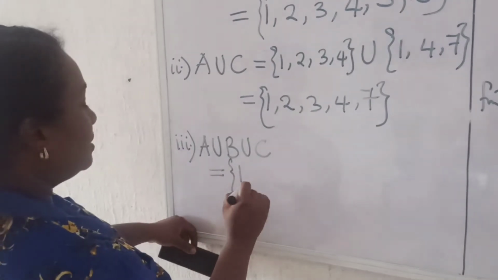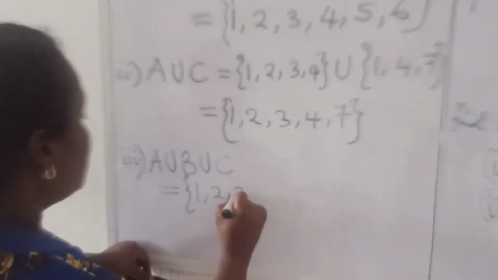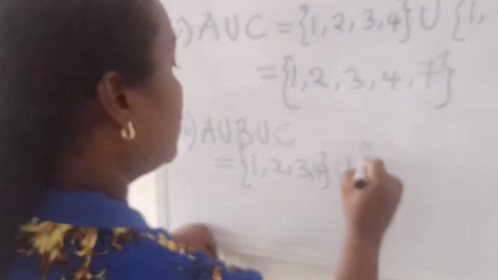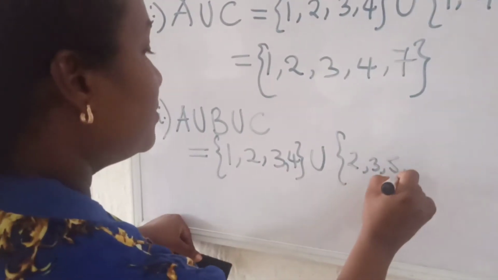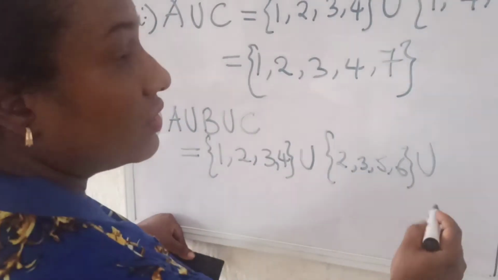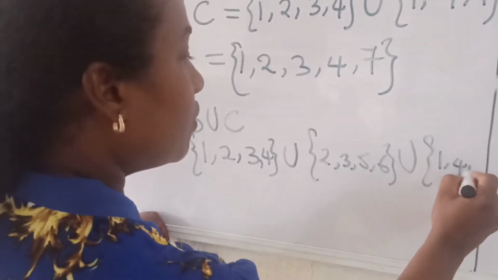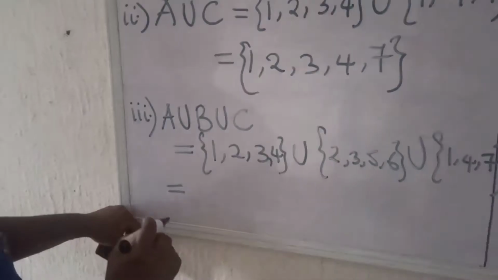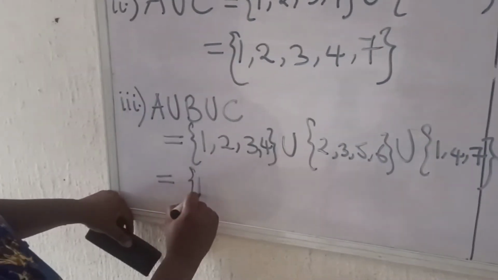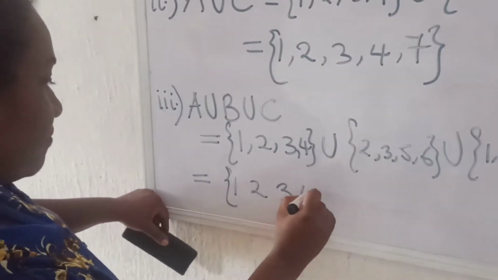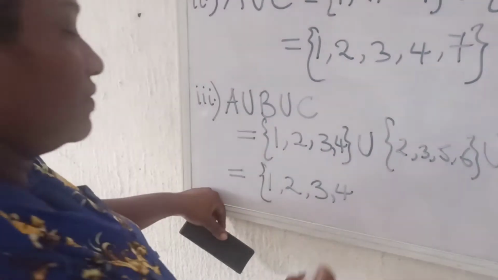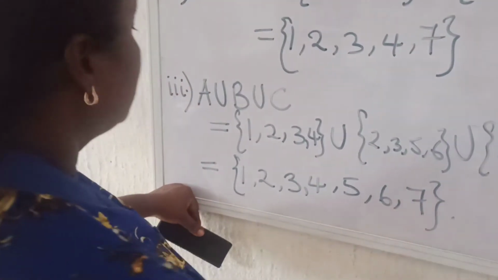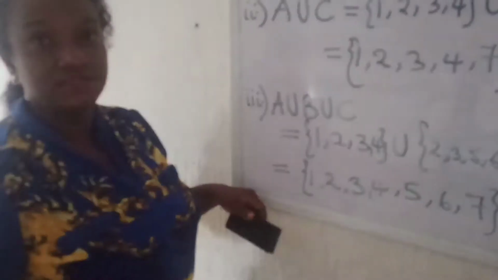I'll write out the three sets. 1, 2, 3, 4 union 2, 3, 5, 6 union 1, 4, 7. So if I take the union of these three sets, I'm going to get 1, 2, 3, 4, 5, 6, and 7. So that's the union of the three sets.